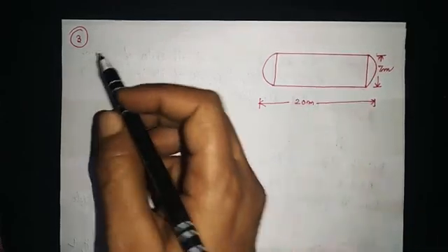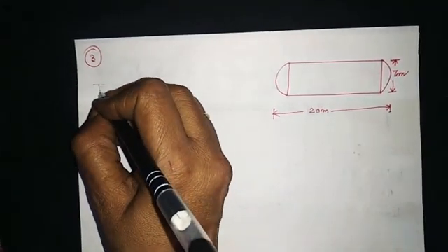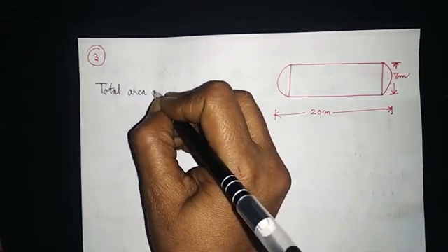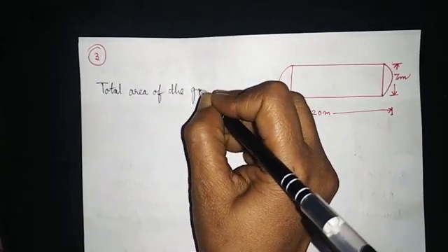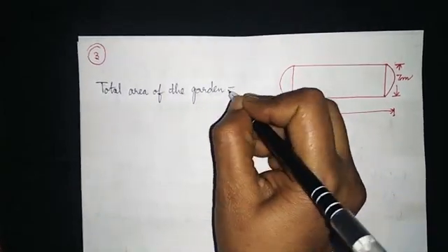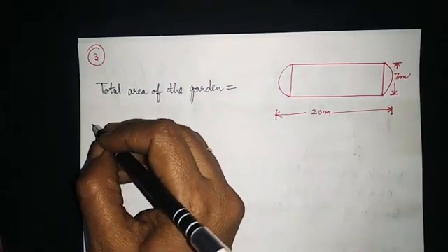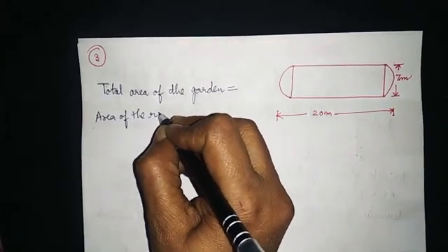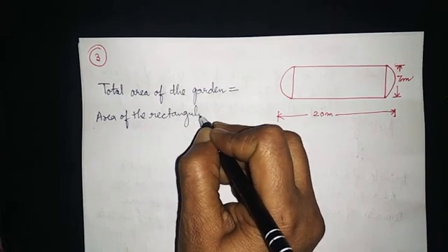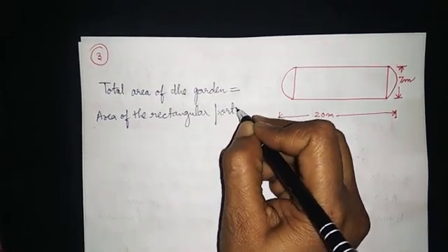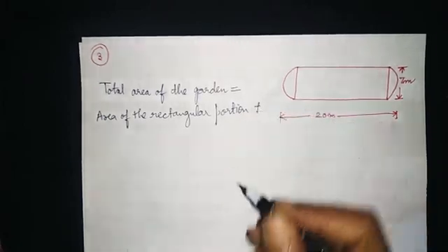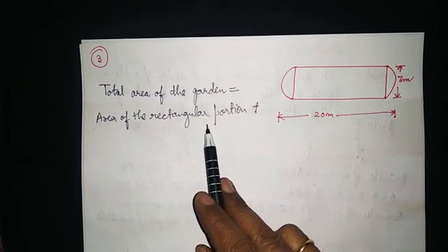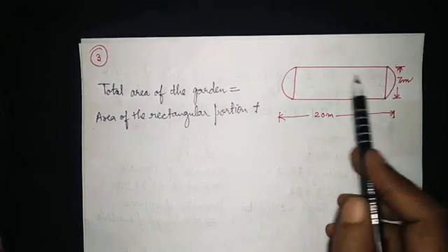Here we will write: total area of the garden is equal to the area of the rectangular portion, and we will add the sum of the areas of the pair of semicircles.